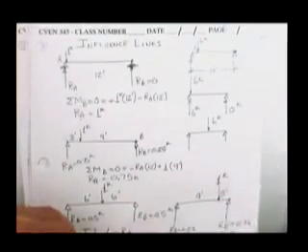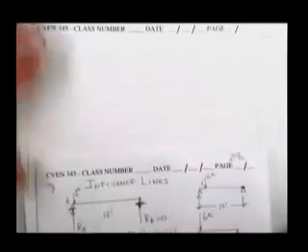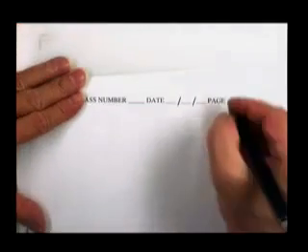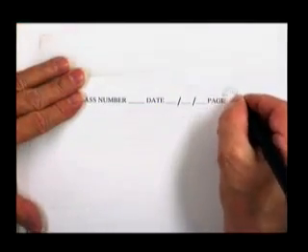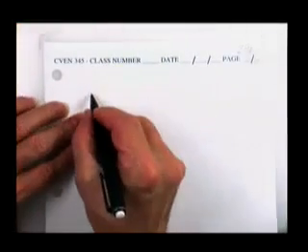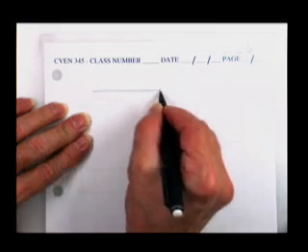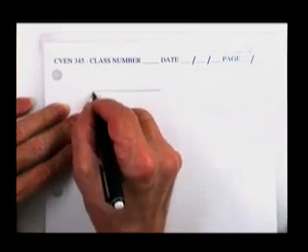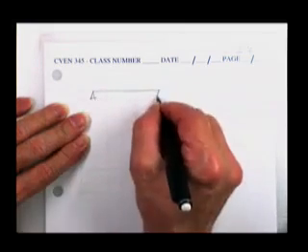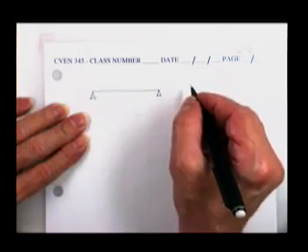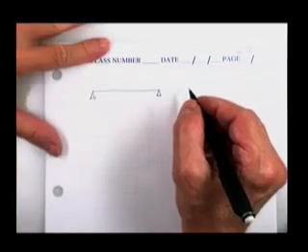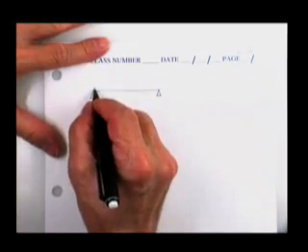All right, let me take the same beam and draw an influence line for the shear immediately to the right of the reaction.